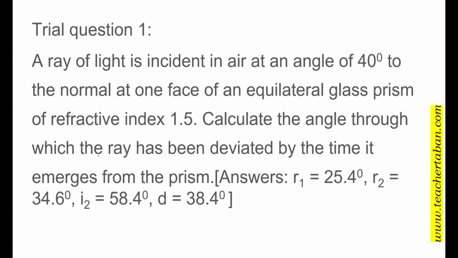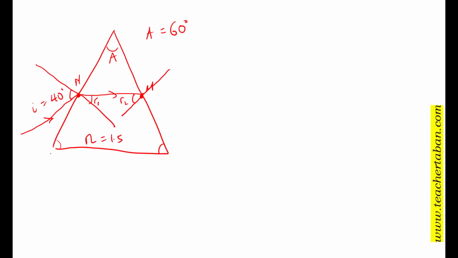So if the ray of light goes like this, at this point, if I call this one my point N, and this one as my point M, we have our normal at point M. The ray of light may be refracted into air, or it may undergo total internal reflection, as we shall be seeing according to the angles that we do have. So if this is our R1, this is our R2. So the question says that we find the angle through which the ray has been deviated by the time it emerges from the prism. So if we are to get the angle of deviation D, we know that the equation is equal to I1 plus I2 minus the A.